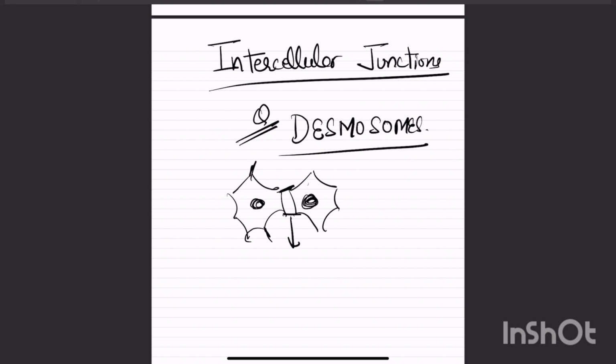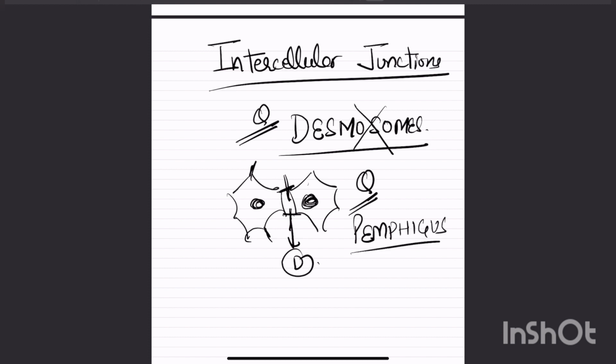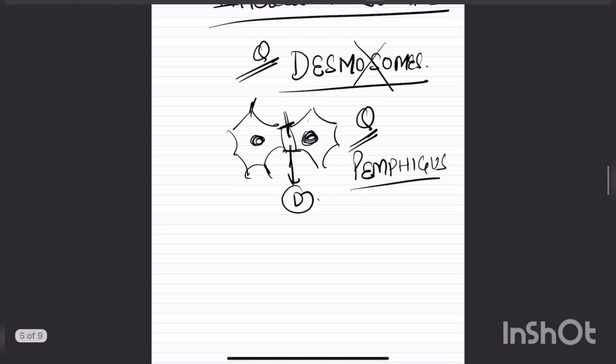give particular morphology to the cells. And if these connections are cut, as in one autoimmune disease, pemphigus, where antibodies are formed against desmogleins which are present in desmosomes, the cells change the morphology and they become circular, leading to blister formation.